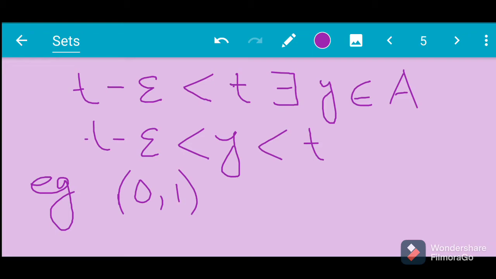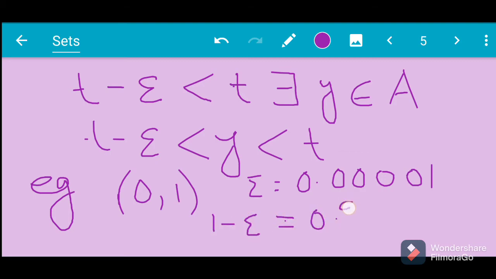Now if you reduce anything from 1, suppose I consider epsilon to be 0.0001, you can do it at home also. You can take a much smaller number than that. Then 1 minus epsilon will be 0.99999.